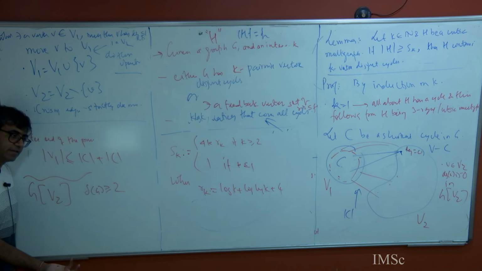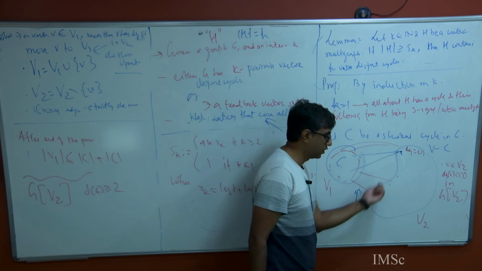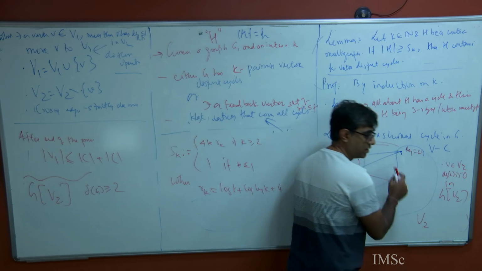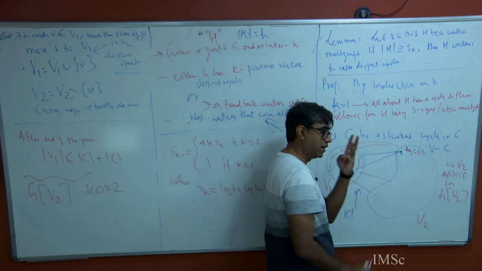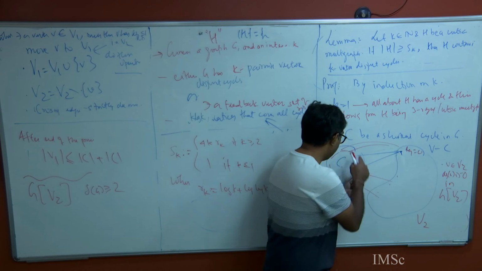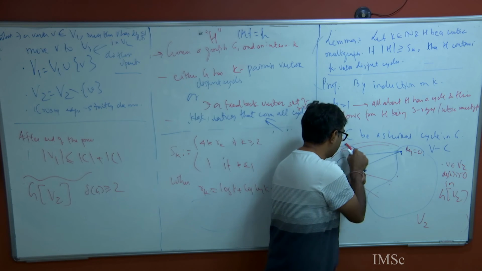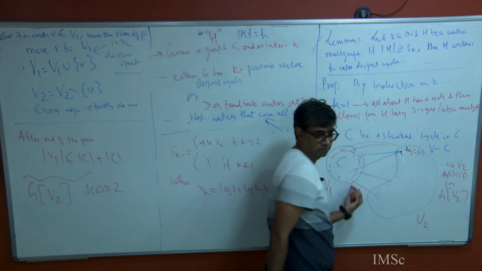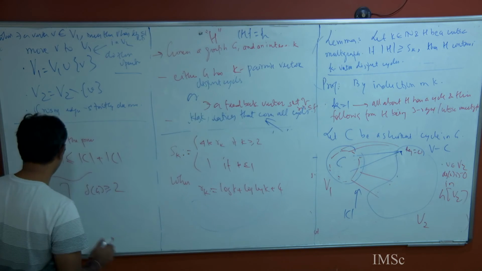At most |C| times, because every time the number of crossing edges decreases. How many edges are there between C and V minus C? Every vertex has degree exactly 3, and C is a cycle, so for every vertex 2 edges are already taken. There is only 1 edge going out. That's fine. That's good.